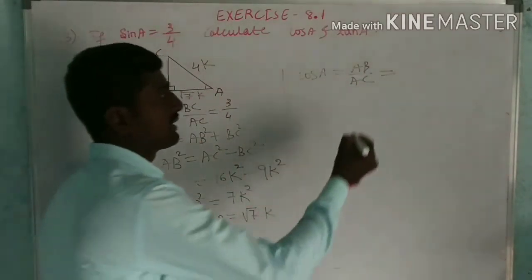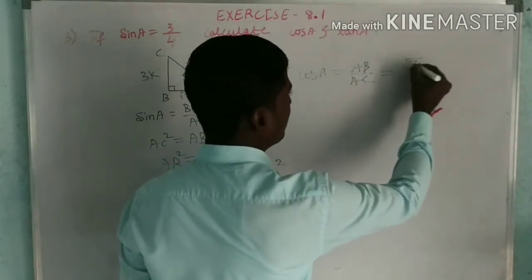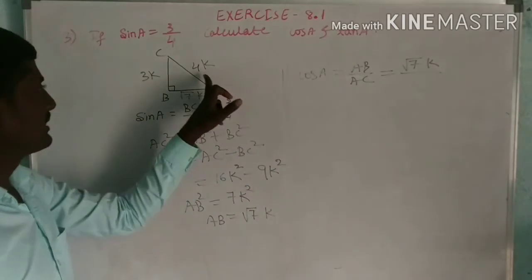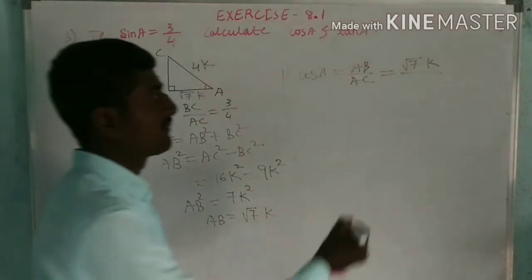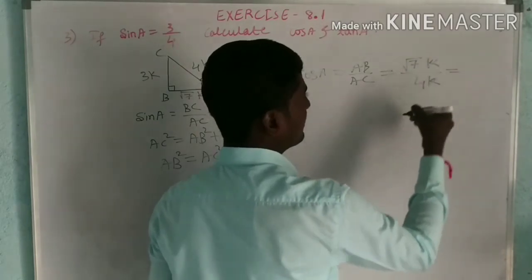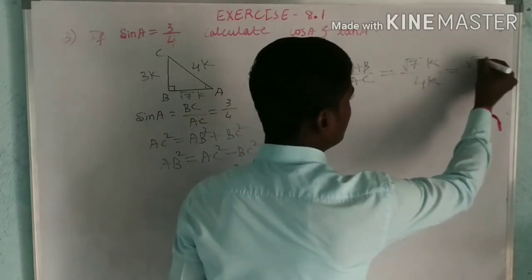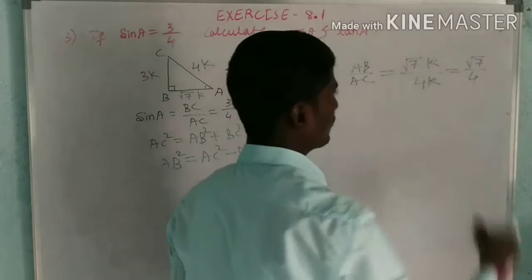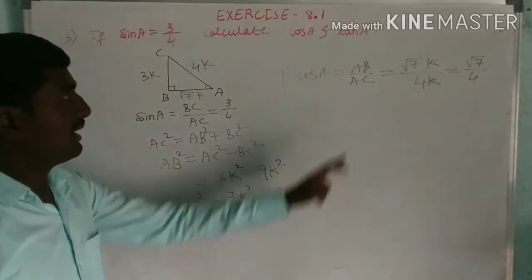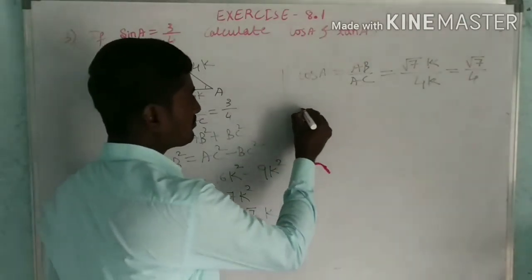Root 7K, divided by AC. AC value is how much here? 4K. Now K gets cancelled. So remaining is root 7 divided by 4. That is cos A.